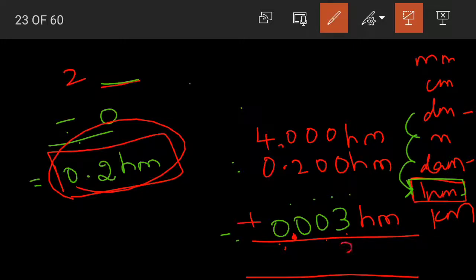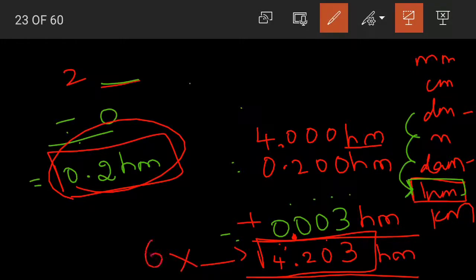Now upon adding, we have 4.203 hectometers. Is this clear, children? So this is how you can convert the given measurements into hectometers directly. Now this, when you multiply by 6, we'll get our answer for the question.